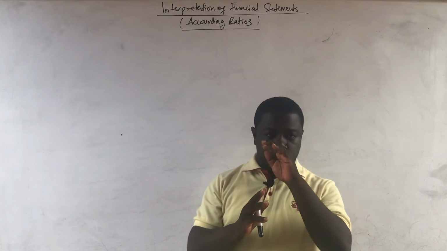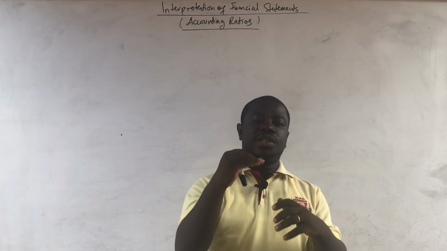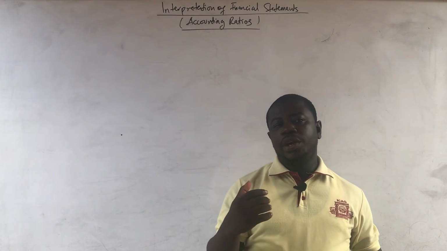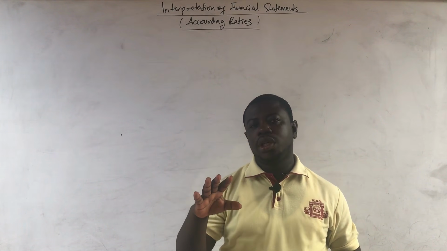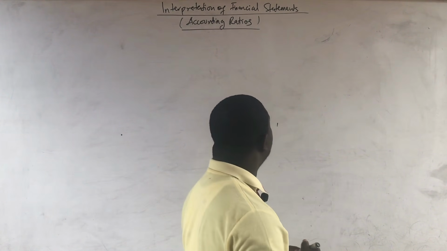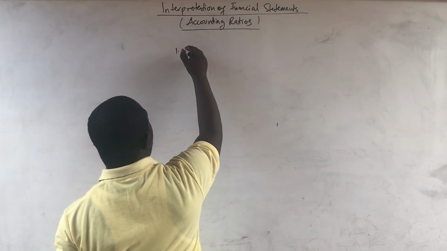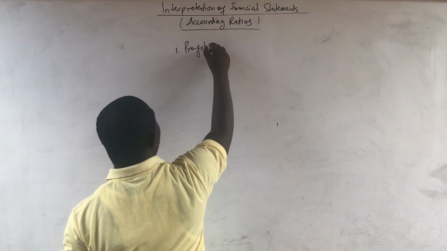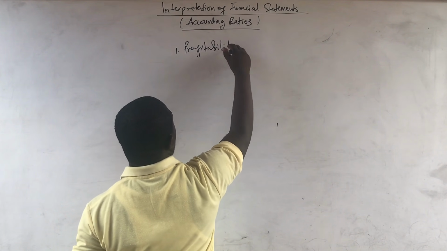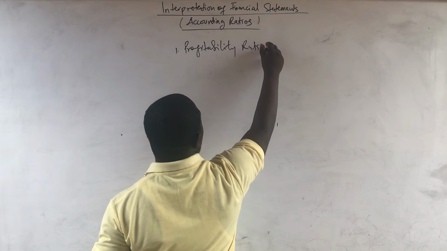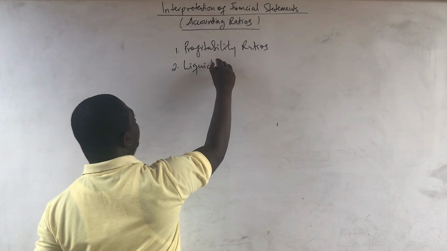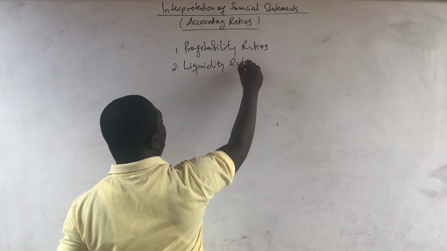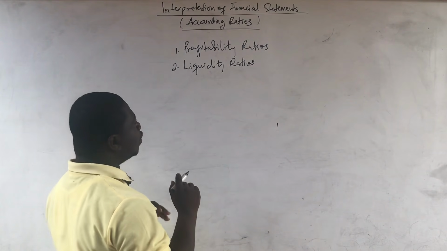With the accounting ratios, we are going to look at the categories of the ratios. We have 5 different breakdowns of the ratios in terms of the categorization. The first one is profitability ratios. Then we have liquidity ratios. I'm going to explain each of them.